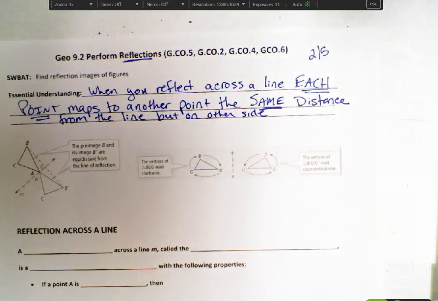Okay, so when we are reflecting across a line, each point maps to another point the same distance from the line, but on the other side.